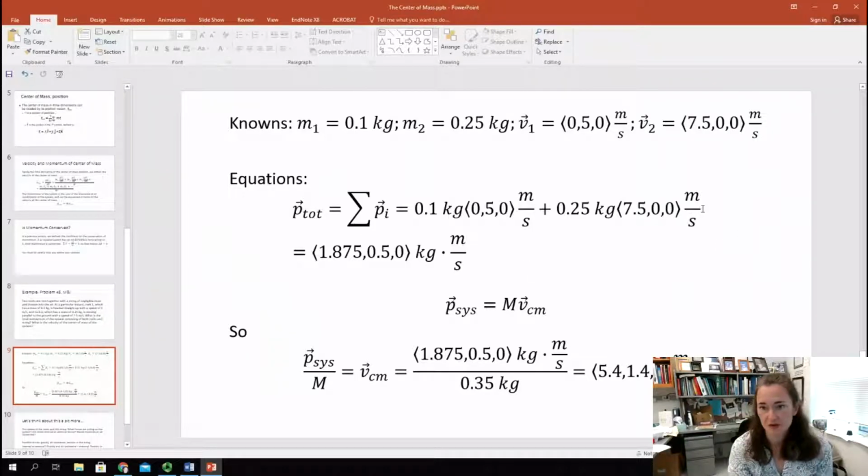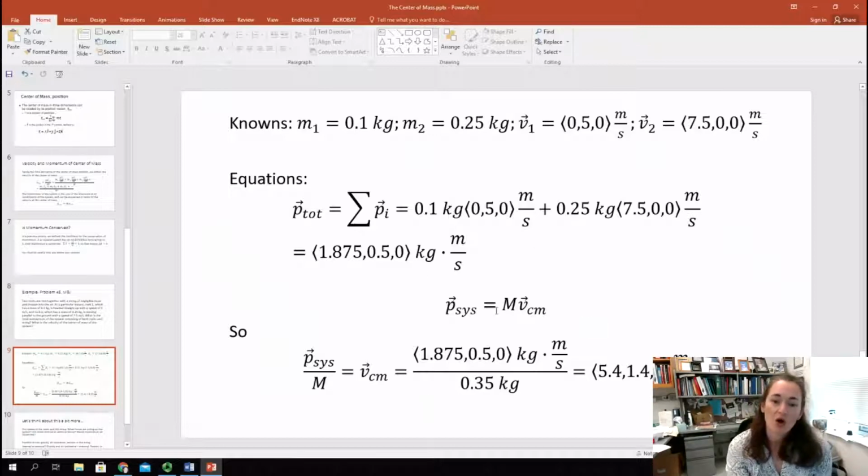When I multiply through and add those vectors component by component, I end up with <1.875, 0.50, 0> as my momentum components, and of course the units are kilogram meters per second. So done, no problem. That's the total momentum of the system.